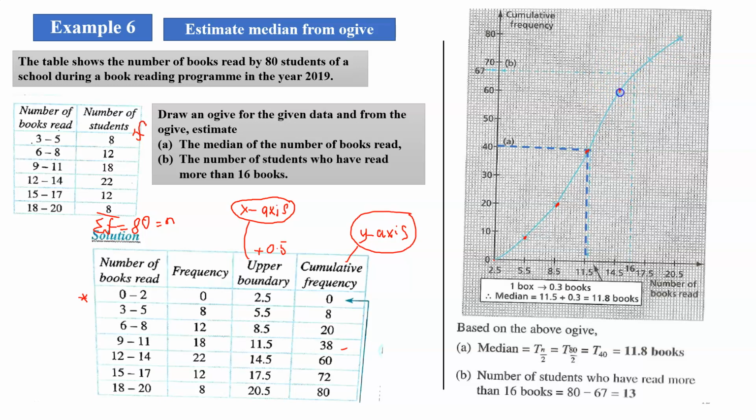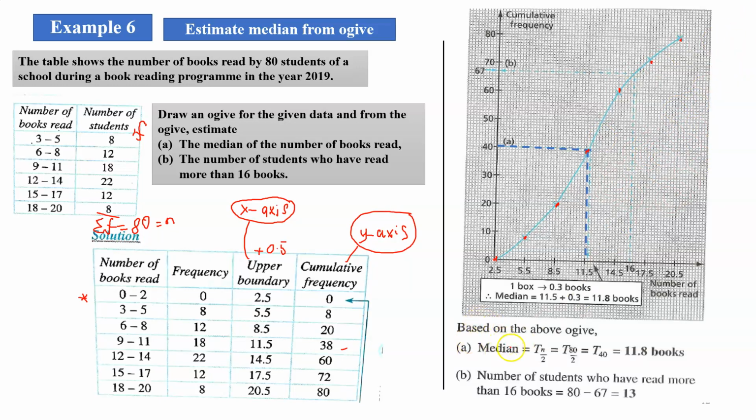Ada lagi dekat sini. Okay, so bila you dah mark your point there, you dah tahu koordinat dia, you connect all the points with a smooth curve. Freehand lah, you lukis freehand, lembut-lembut je sampai you get this curve lah.